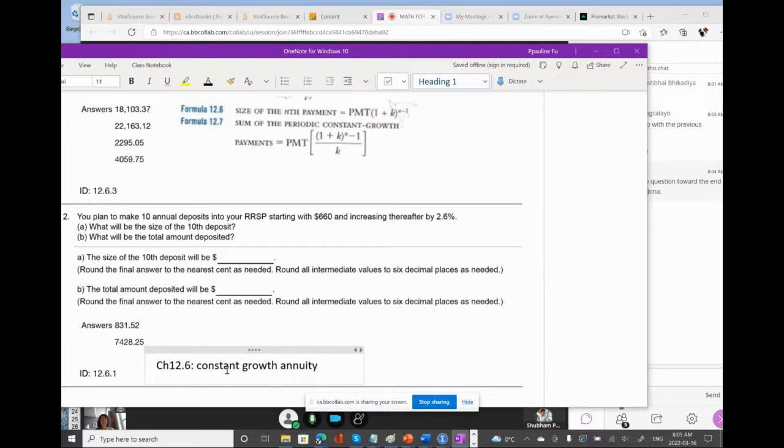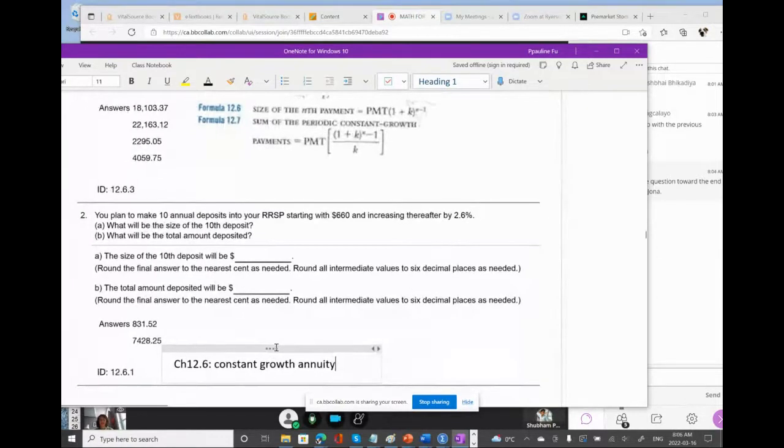If you pay $300 this month, next month it will grow 10%. So next month you are going to pay $330, grow 10%. So the month after you are going to grow another 10%. So you are going to pay $363, something like that.